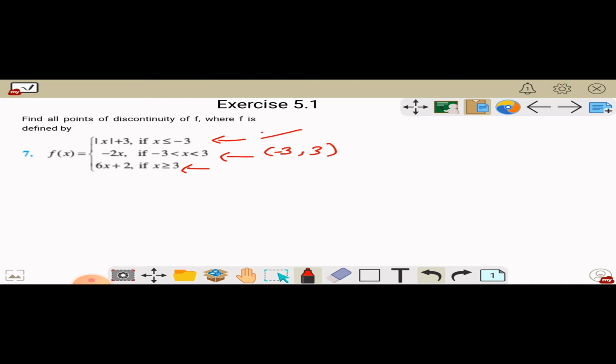So here let us start with the first one. If we have a point which is less than minus 3, first of all we will check the continuity for all the points which are less than minus 3.